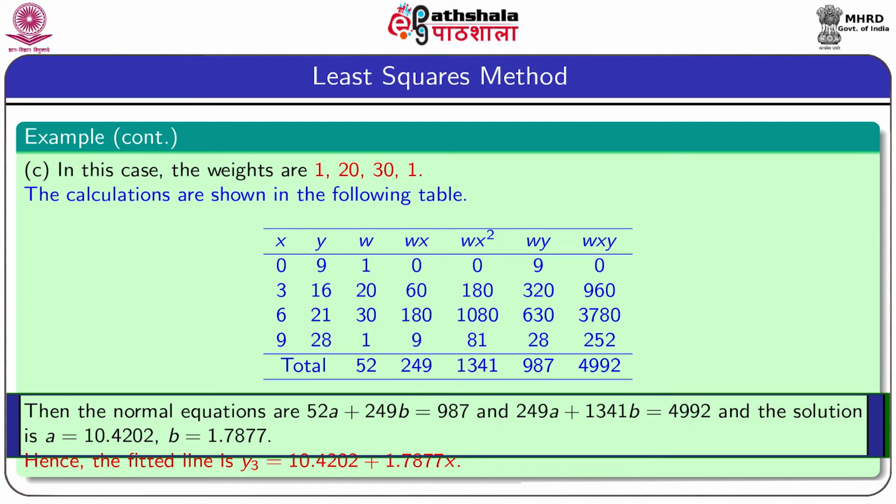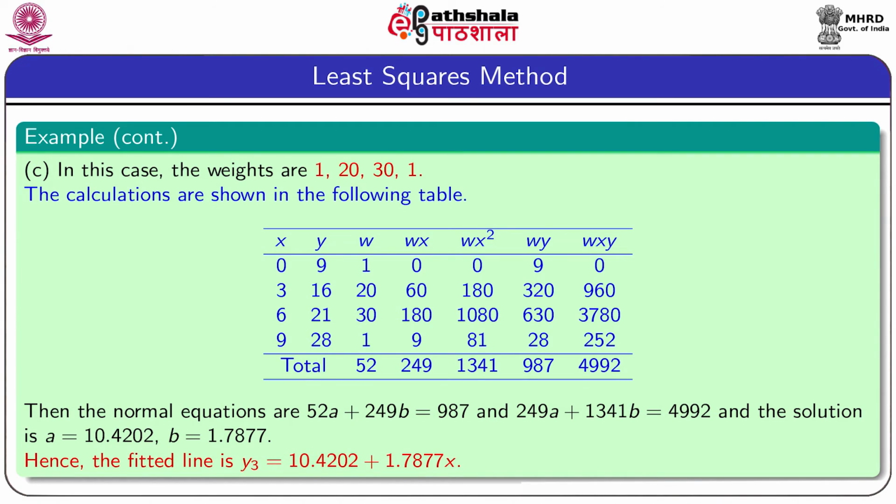Then the normal equations are 52a plus 249b equal to 987 and 249a plus 1341b equal to 4992, and the solution of this system of equations is a equal to 10.4202 and b equal to 1.7877.